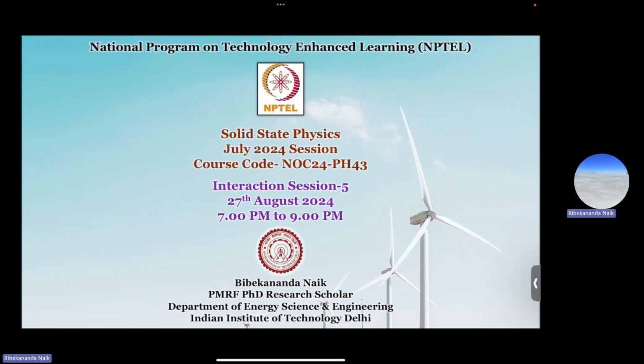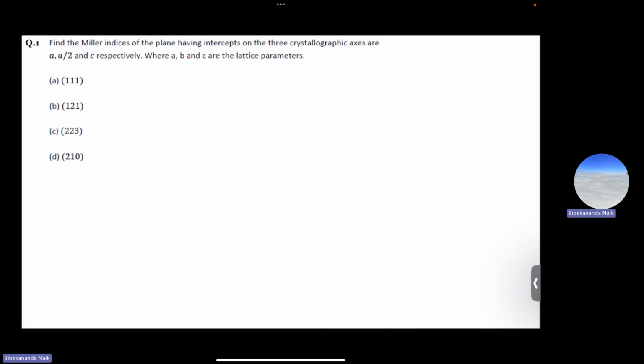This is the first problem of today's session. The problem says, find the Miller indices of the plane having intercepts on the three crystallographic axes that are A, B by 2, and C respectively, where A, B, and C are the lattice parameters.